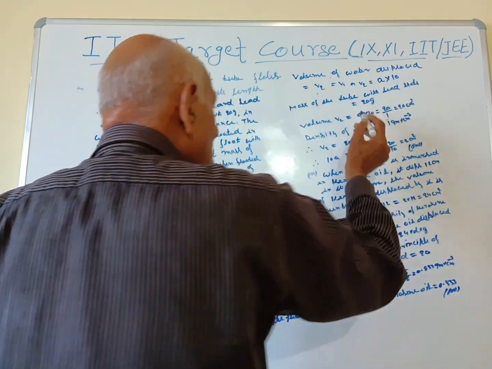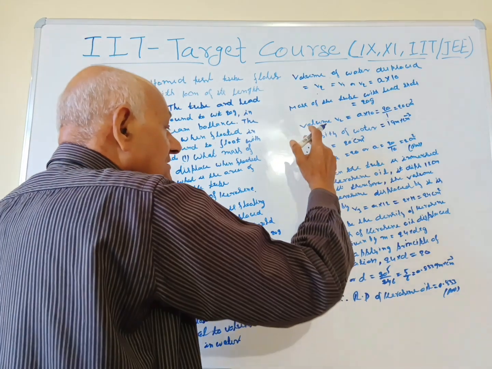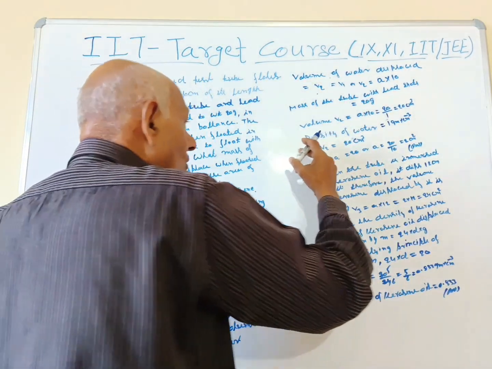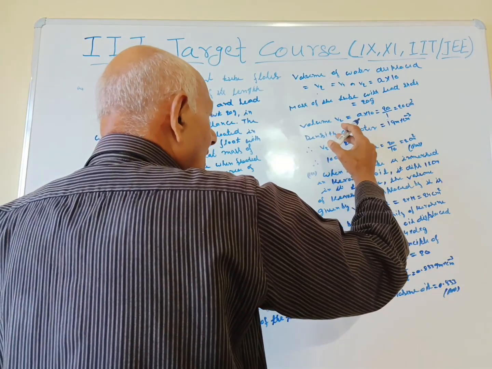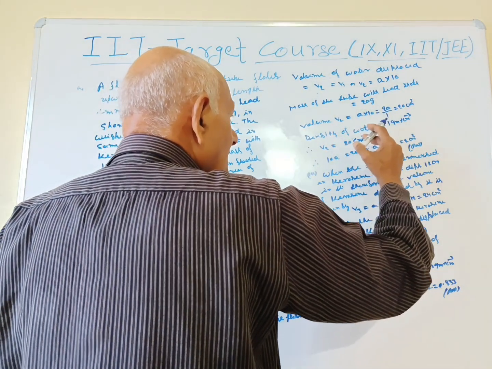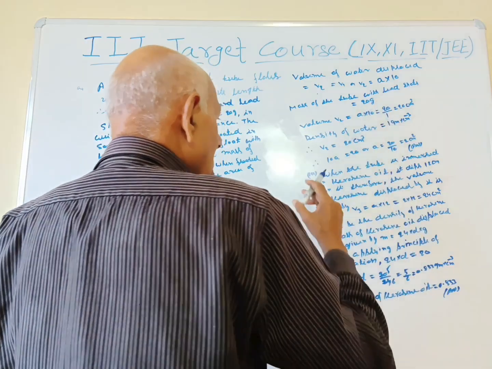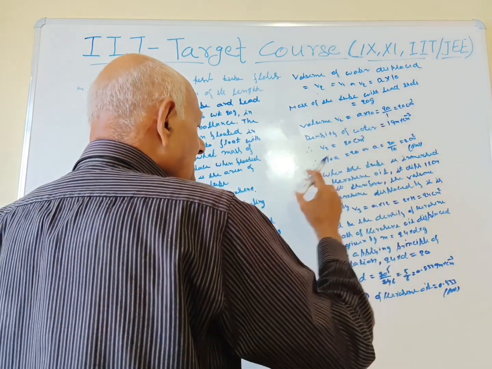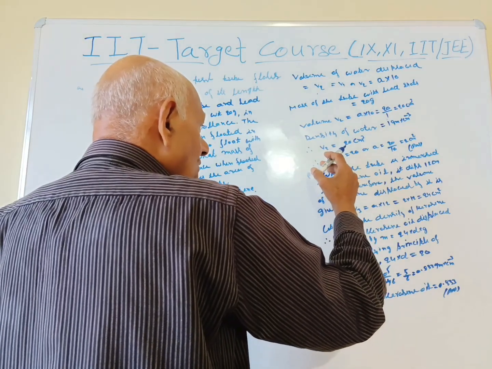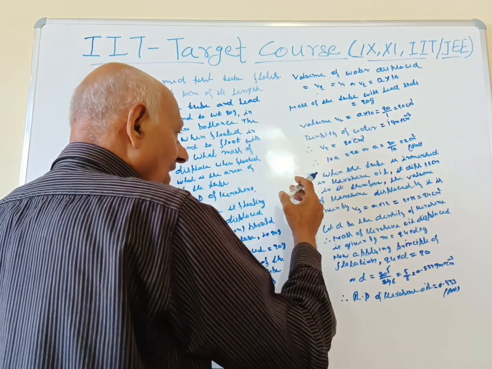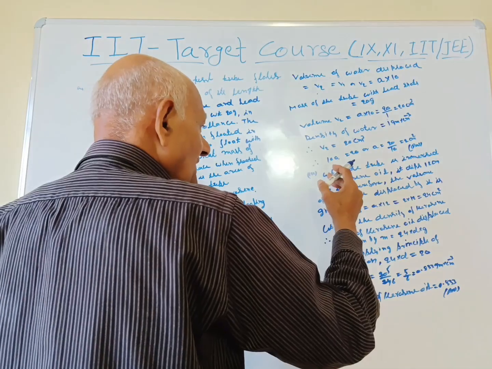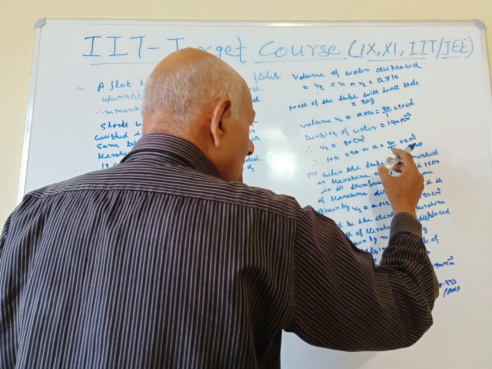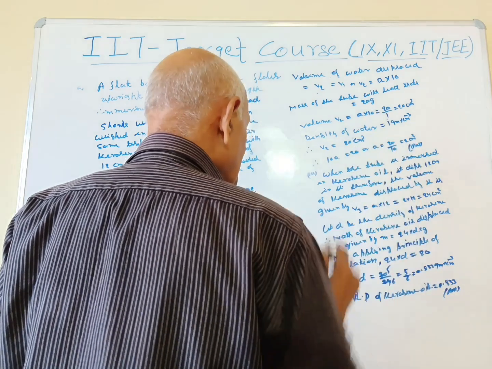Mass of the tube with lead salt equals 20 gram. Density of water equals 1 gram per cubic centimeter. Therefore, V2 equals 20 cubic centimeter. Therefore, 10 A equals 20, or A equals 20 by 10 equals 2 square centimeter.